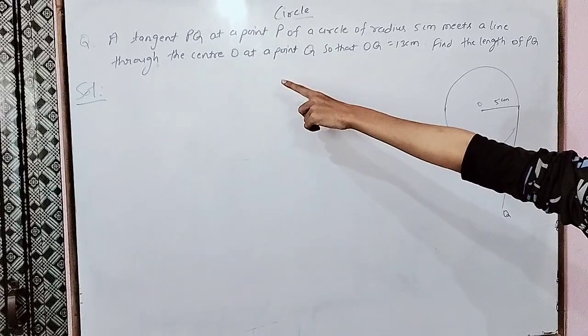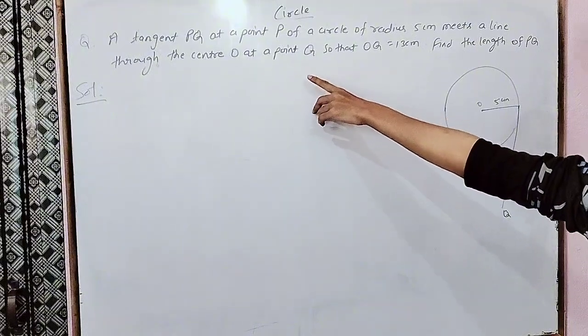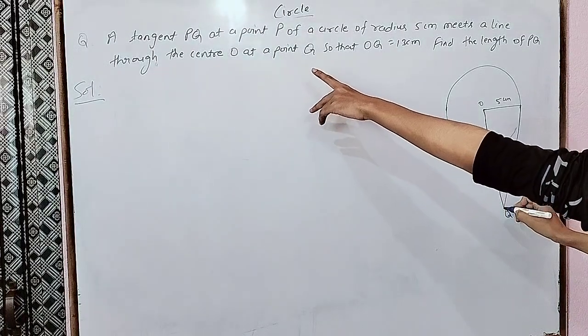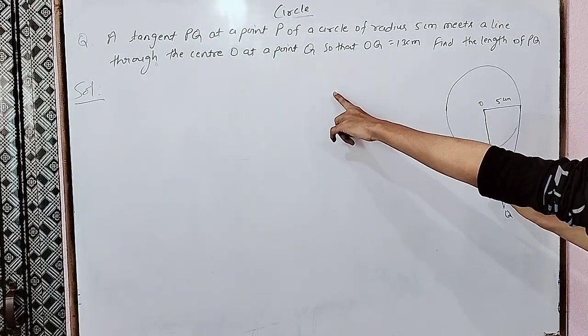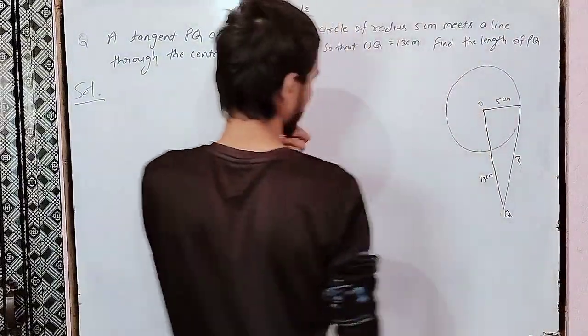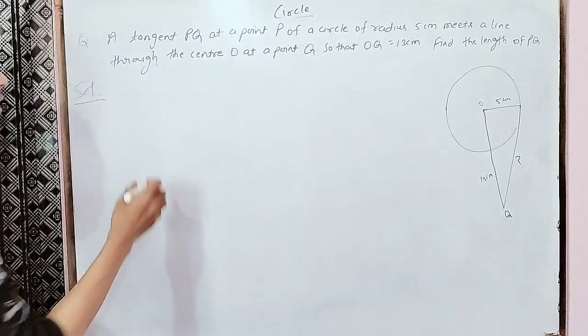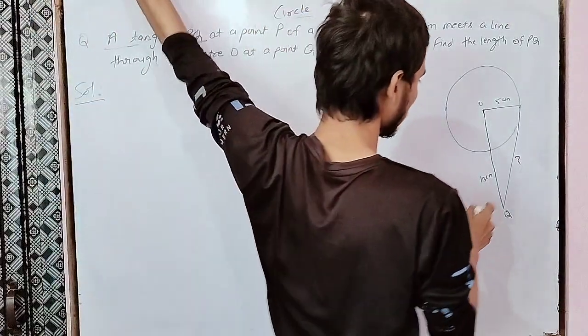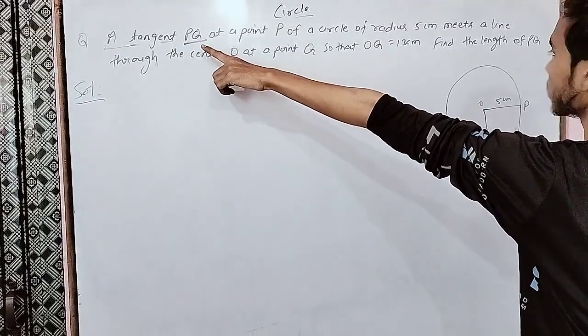It meets a line through the center O at a point Q. Of course OQ is not the tangent; rather QP is the tangent.